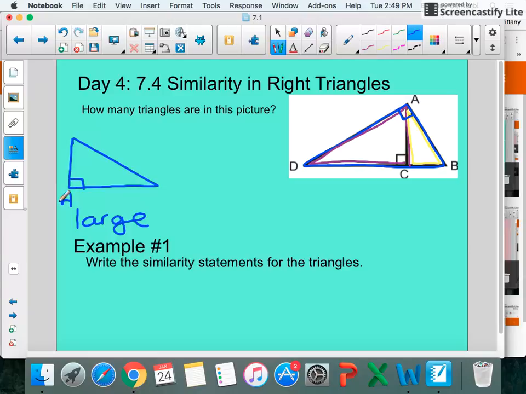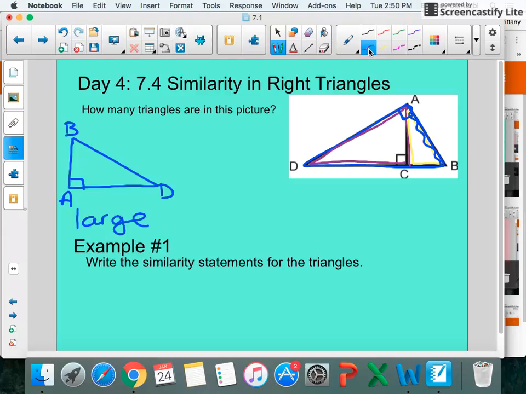Then if I follow along the legs, the short leg goes to letter B. And if I go from A to my long leg, that gets me to letter D. So that is basically the large triangle flipped over.